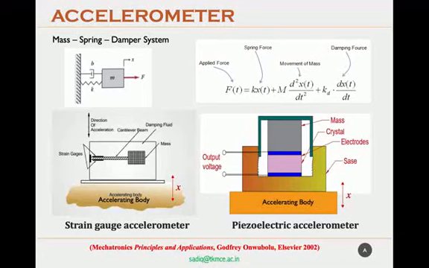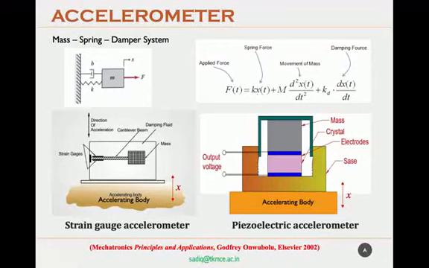Because of this reason, the equation that explains vibration will have three forces: the mass force, the damping force, and the spring force. So the force given for causing the vibration will be distributed for the movement of the mass, for damping of the force, and for spring action of the force.